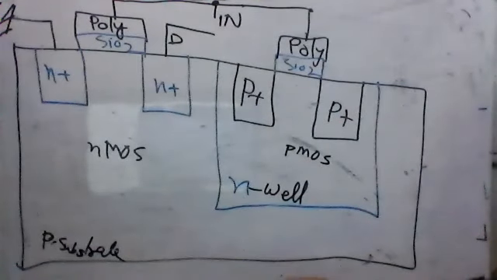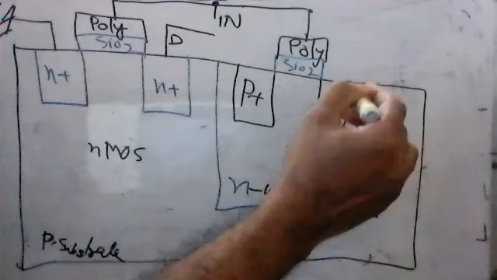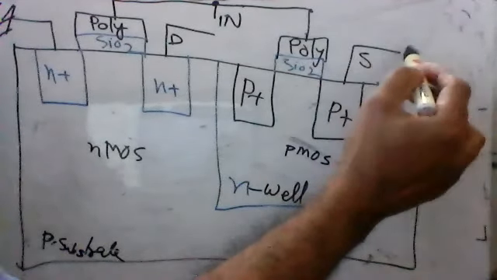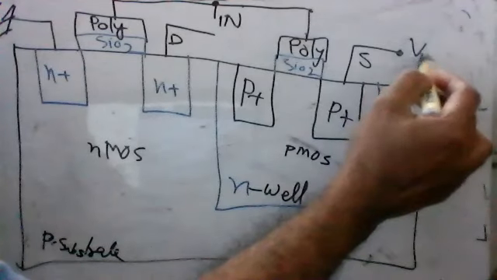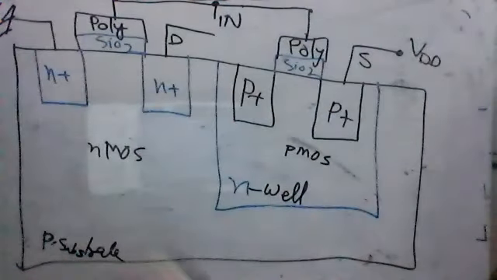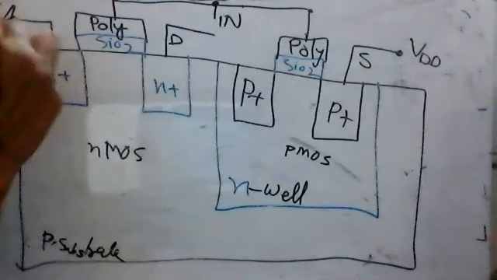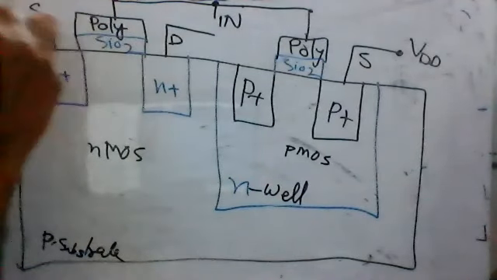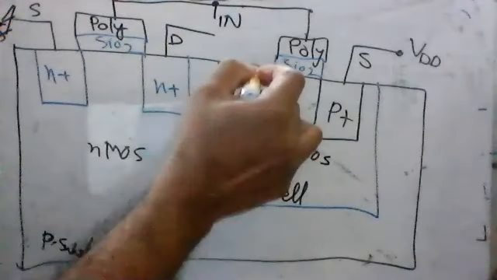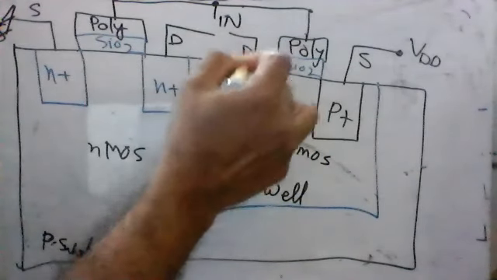So this one is the source for the PMOS, and that will be VDD. And this one we call VSS. And this is another drain, the drain for the PMOS.